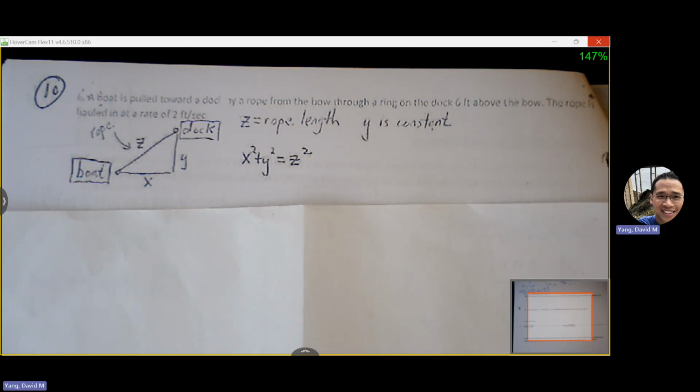Okay, go ahead and find the derivative. Right, 2x dx/dt, 2y dy/dt, 2z dz/dt.